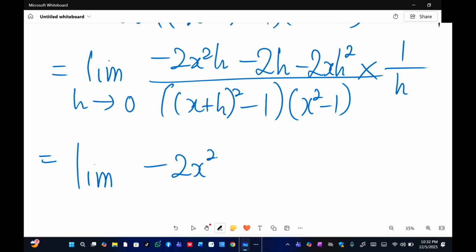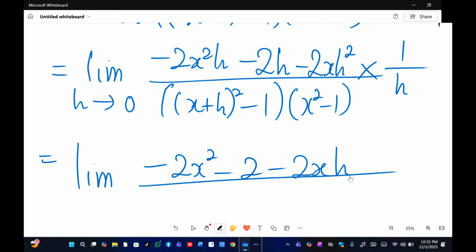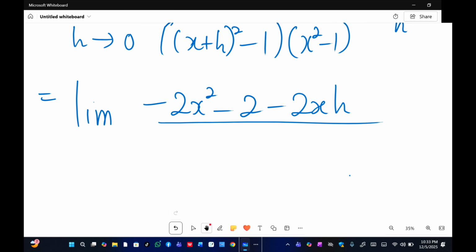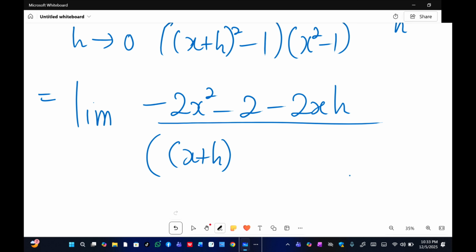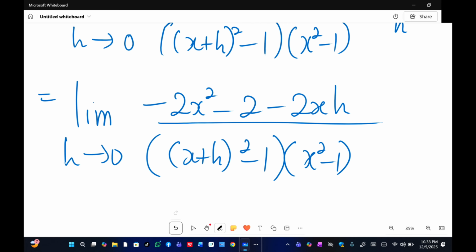When it divides the h in the second, you are going to get negative 2. When it divides the h in the third term, you are going to get negative 2x h. Then all will be divided by the same denominator, bigger bracket, then x plus h all squared in one bracket multiplying x squared minus 1 in another bracket as h approaches 0.